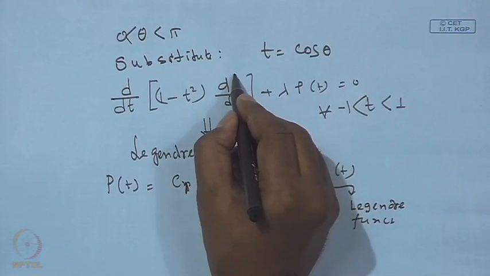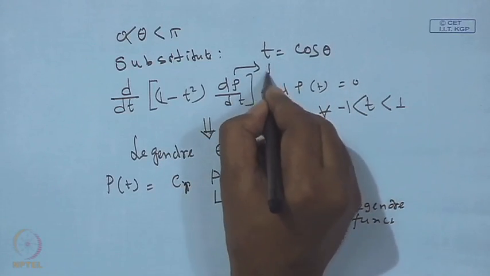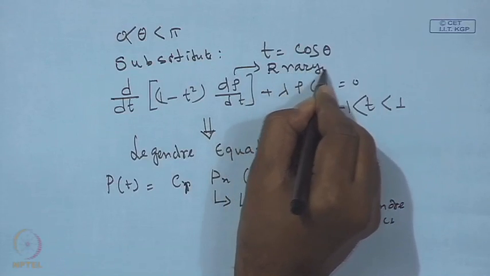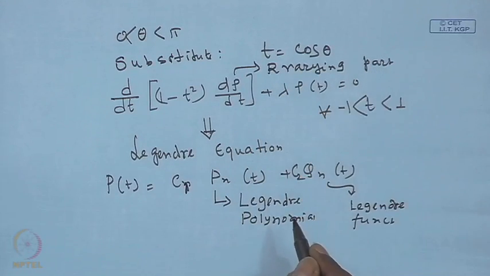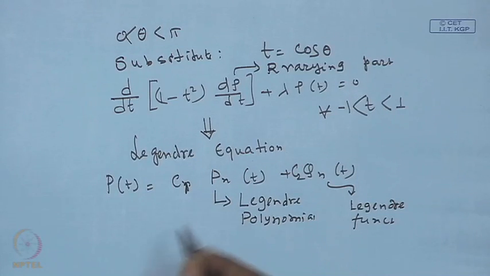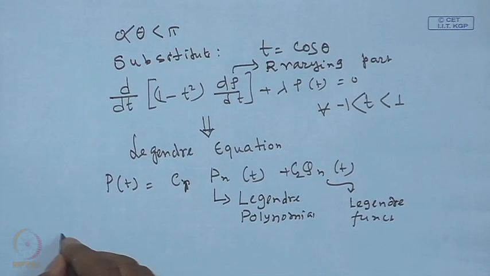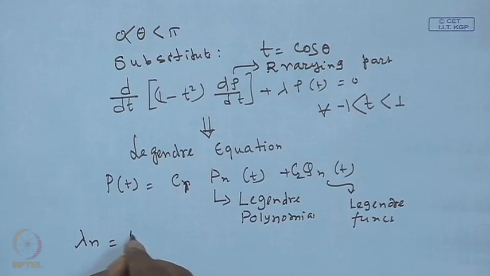And this P is nothing but the r varying part. We identify this as the r varying part, basically equal to R. I just wrote it in the form of P, so it does not matter. If you look into this problem, we have seen earlier that lambda n are the eigenvalues of this problem.